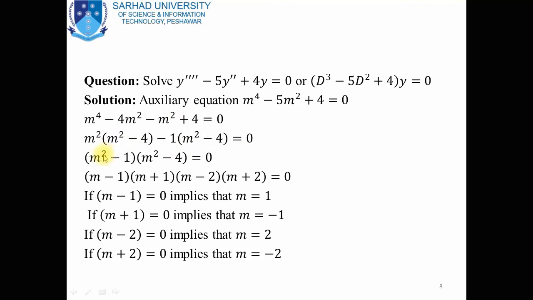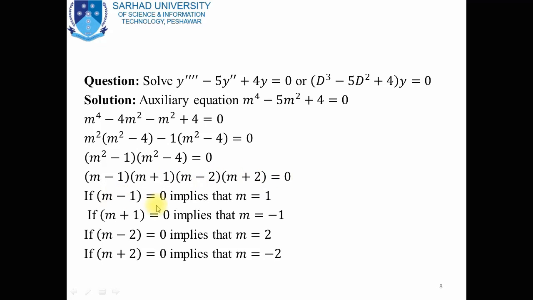So we can write now (m square minus 1) into (m square minus 4) is equal to 0. Now by the formula a square minus b square, we can write this expression as (a minus b) into (a plus b), so (m minus 1) into (m plus 1). And again applying the formula a square minus b square for the other expression, (m minus 2) into (m plus 2) is equal to 0.